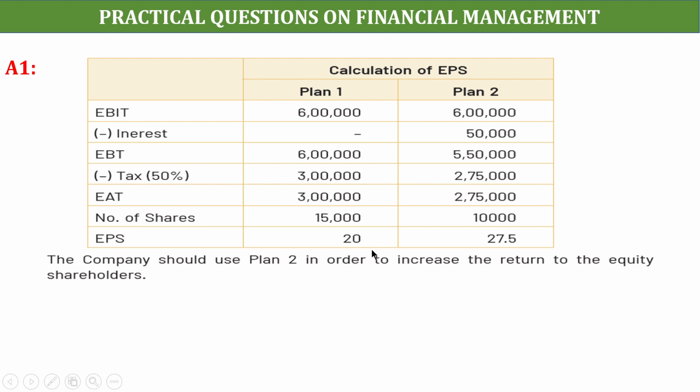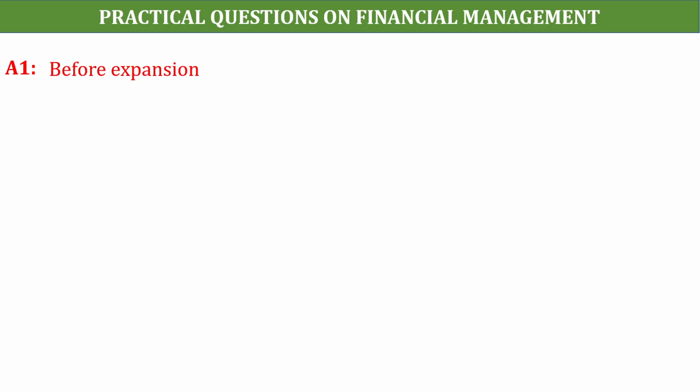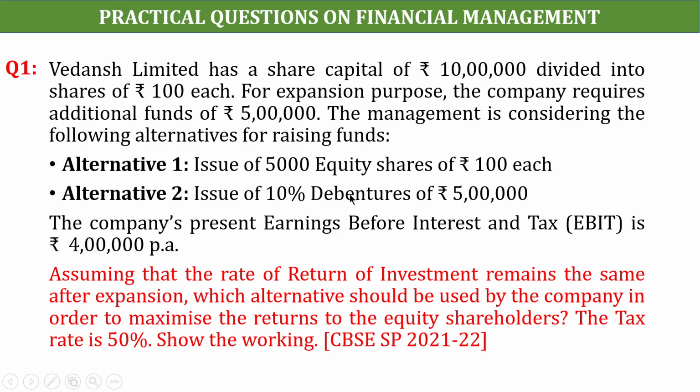Now we have to see earning per share under alternative 2, where we had to raise additional funds by issuing debentures. So earning before interest and tax is rupees 6 lakh, again the same. And now in this case, as we have raised rupees 5 lakh by issuing debentures, on the debentures we have to pay interest at the rate of 10%.